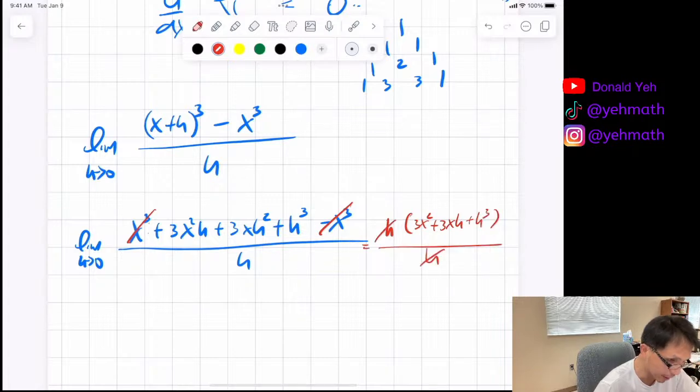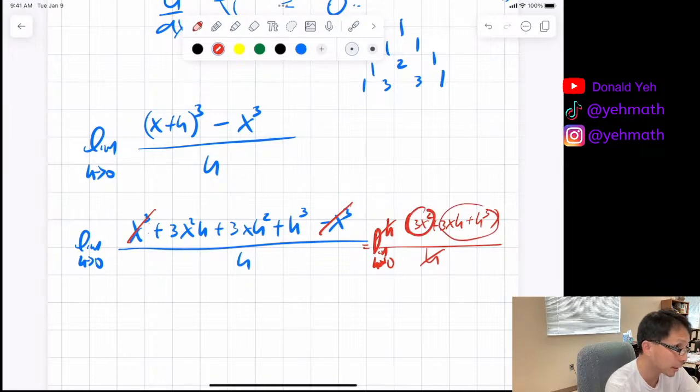Now the h cancels out, but you have the limit as h approaches 0. So if h approaches 0, what's left is 3x squared. It turns out it can be x to any power, x to the 5th power, x to the 10th power.